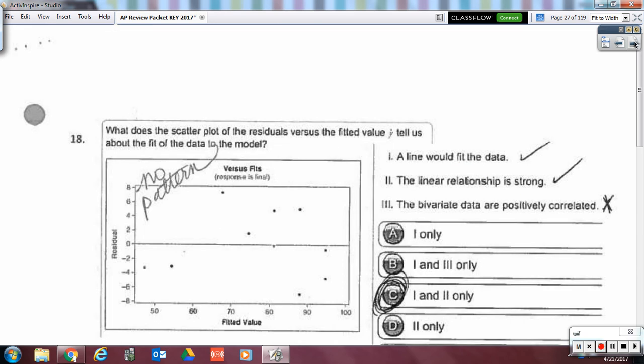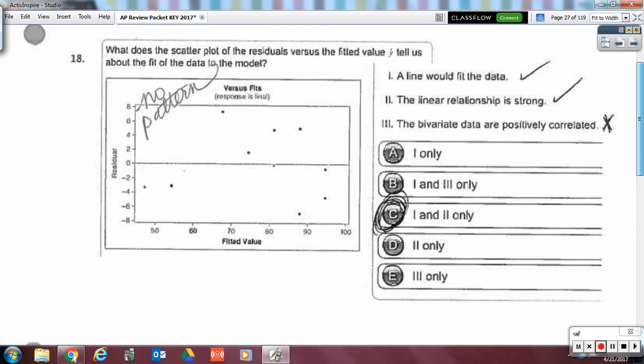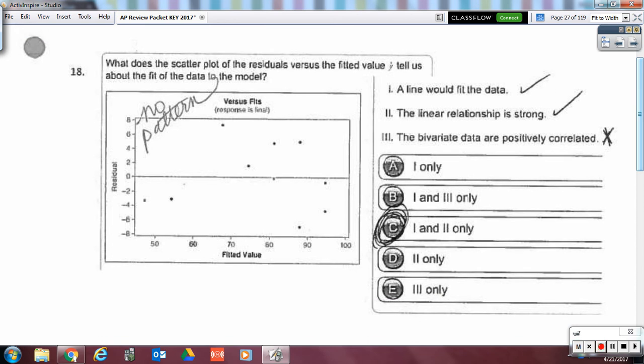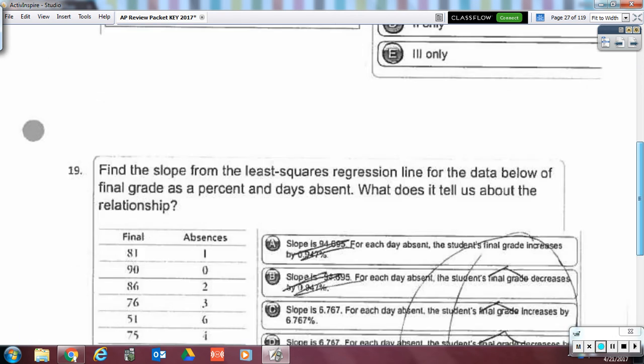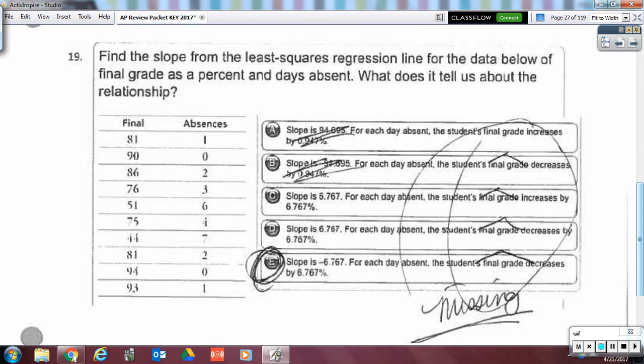This one has no pattern in the residual plot, so a line does fit the data, and the linear relation is, well, I guess we're going to call it strong. And we do not know, again, what the original looks like, or if it's positively or negatively correlated. And here, you would find the equation of the line with absences as x and final exam as y.